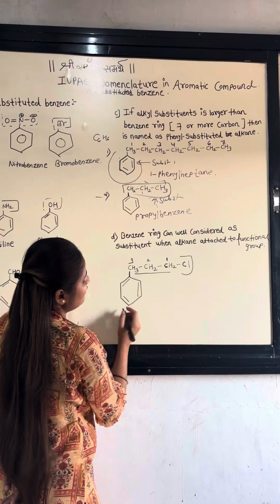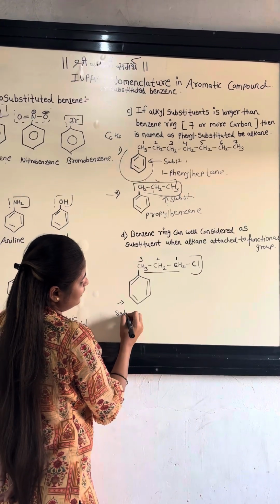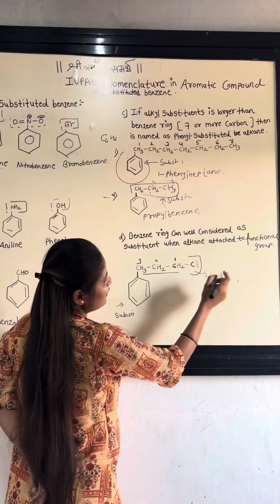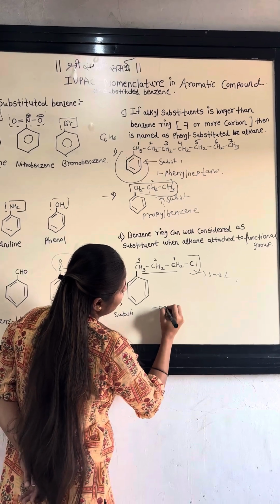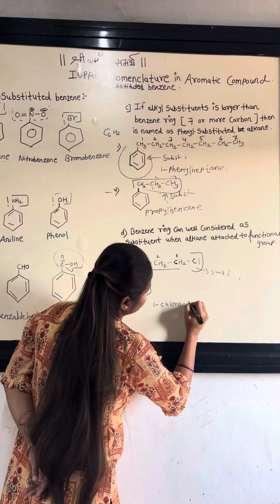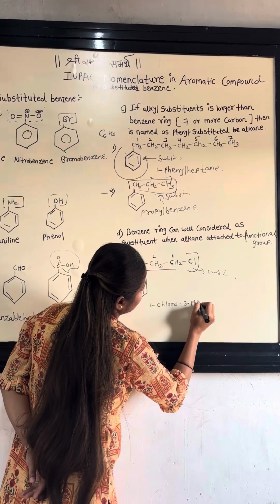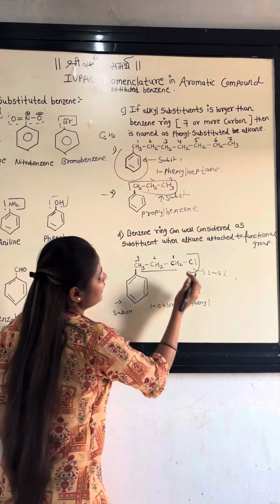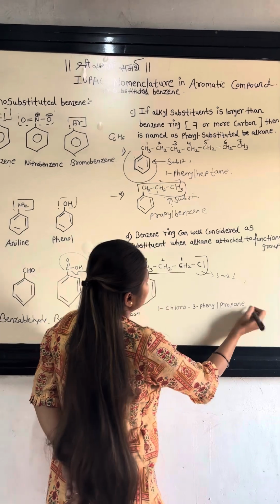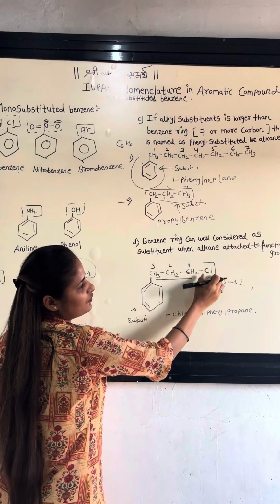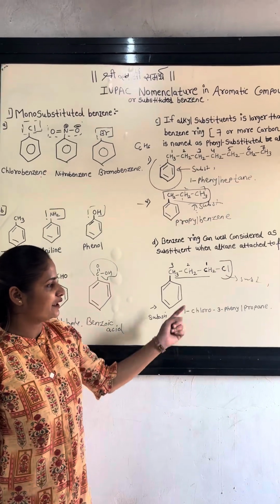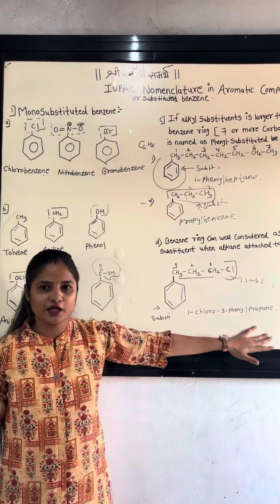So in this case the benzene ring also acts as a substituent, and this is also a substituent. So the name of the compound is 1-chloro 3-phenyl propane. Okay, so when the alkane group is attached to the functional group, then the benzene ring also acts as a substituent. So this is the example, that is 1-chloro 3-phenyl propane. I hope you all understood.